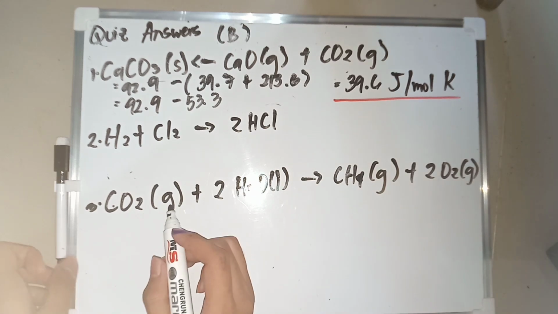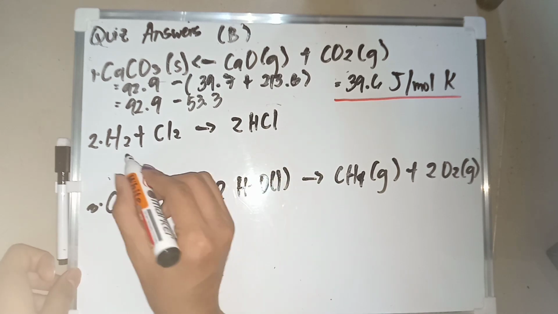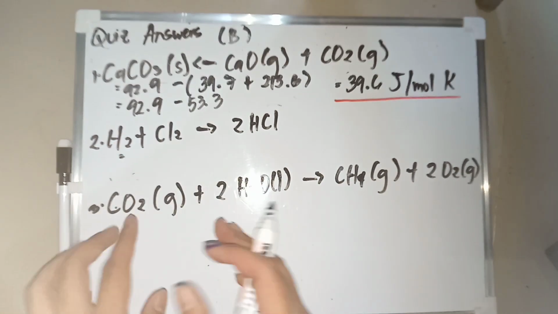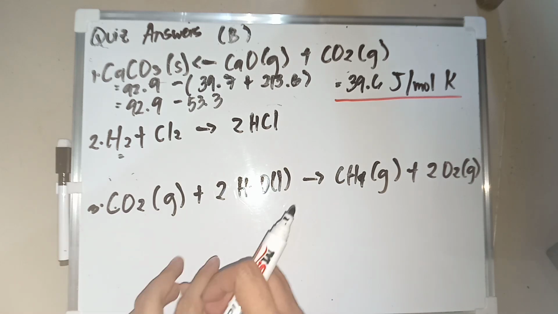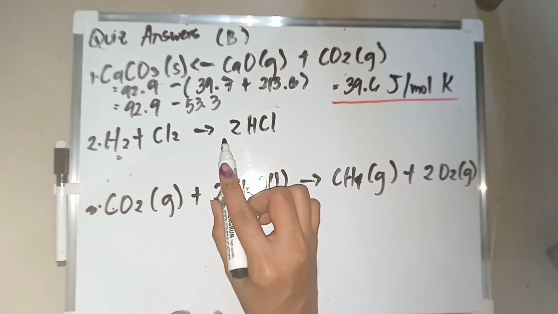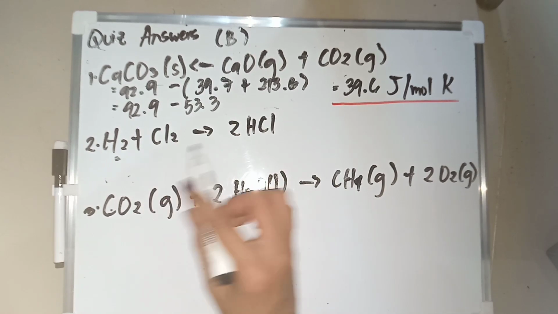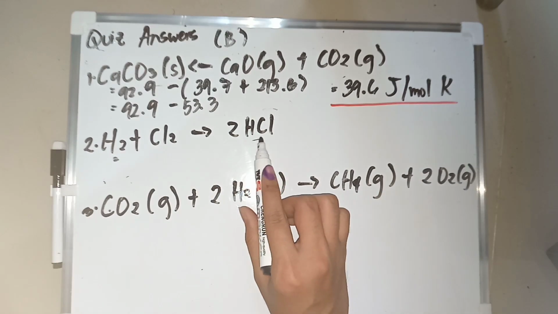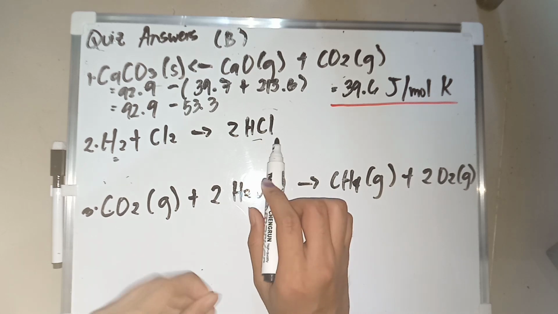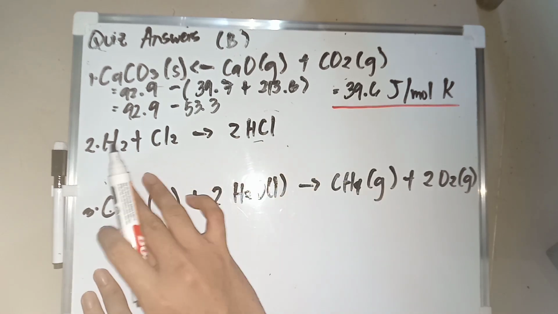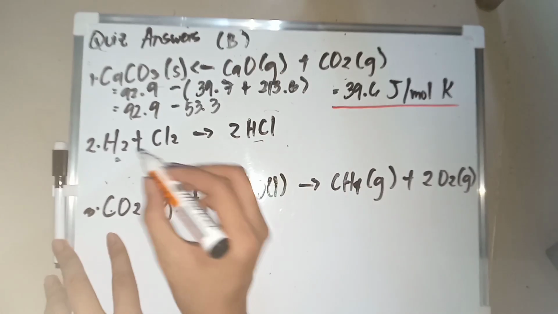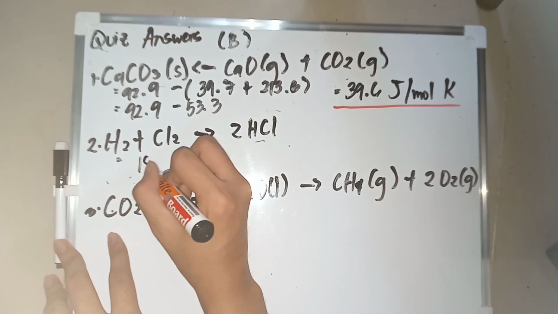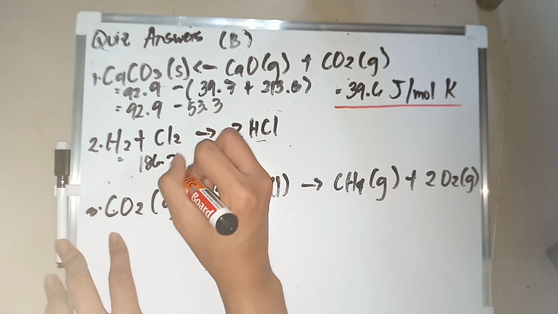In number 2, we have H2 plus Cl2 as our reactant, and our product is 2 HCl. Our product first, the value of this is 186.2.